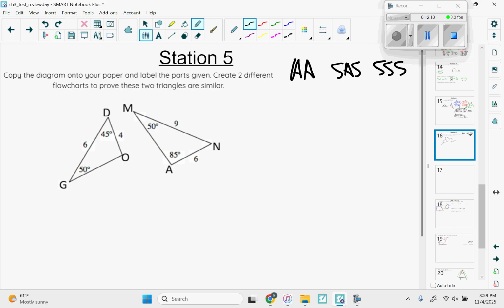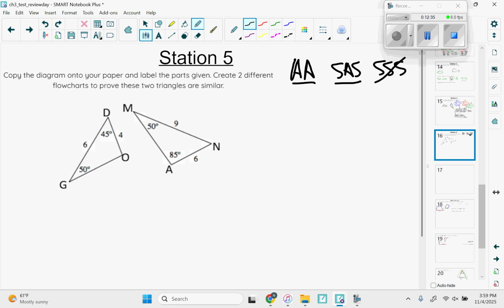Now I can cross off side, side, side because I do not have all of the sides on both triangles. I'm missing one side each in both triangles. I can't do side, side, side. Okay, so the 2 flowcharts I'm going to make are angle, angle, and side, angle, side. Let's start with the angle, angle flowchart.